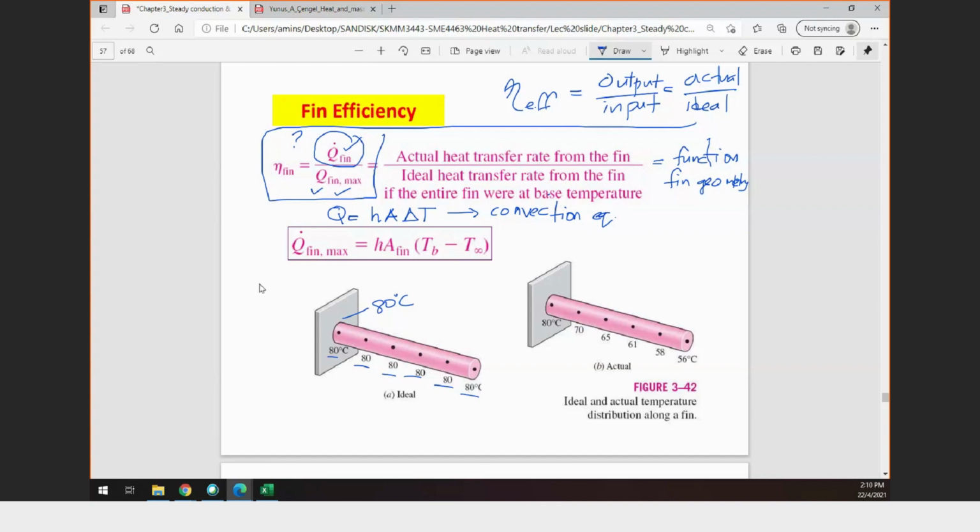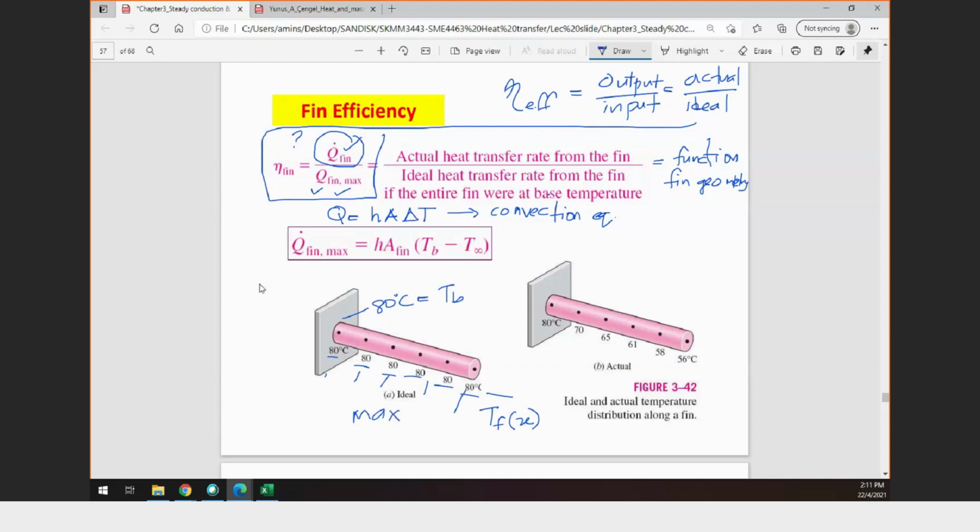This is the base temperature, but this is the fin temperature at x equals 0, x quarter, x half, x three-quarter, or x equals the total length. This is the maximum condition.